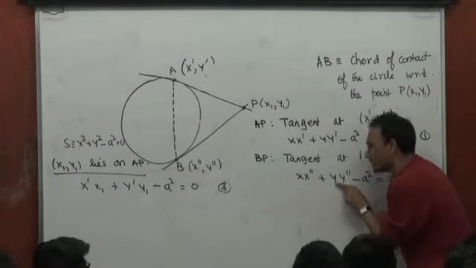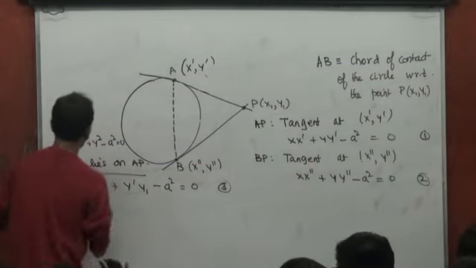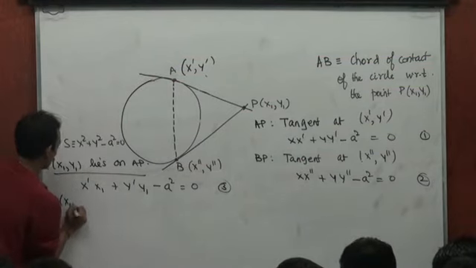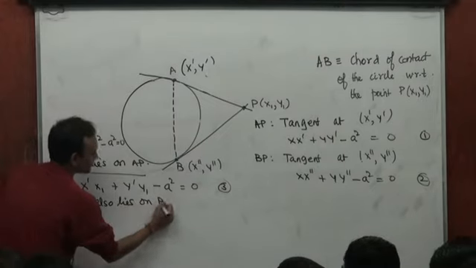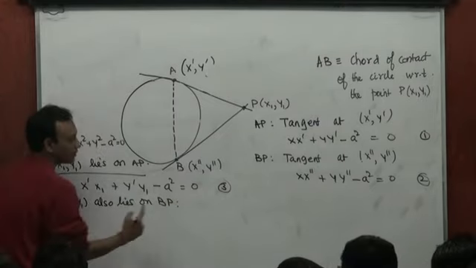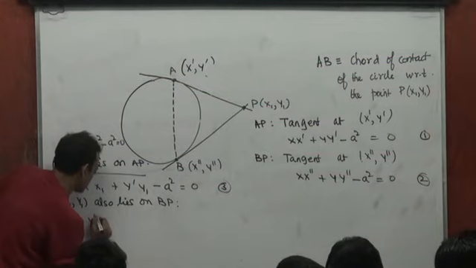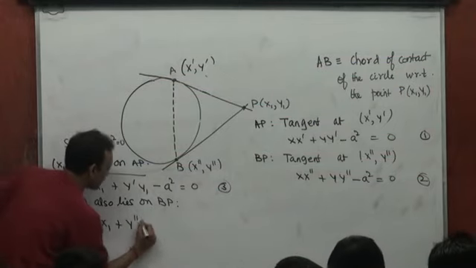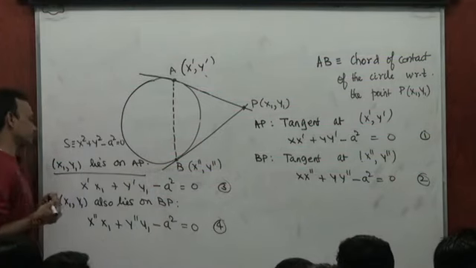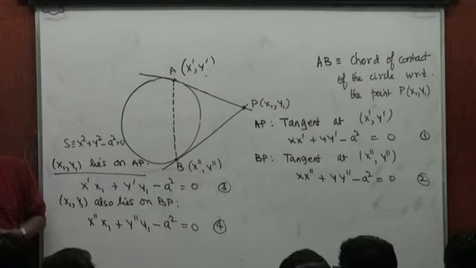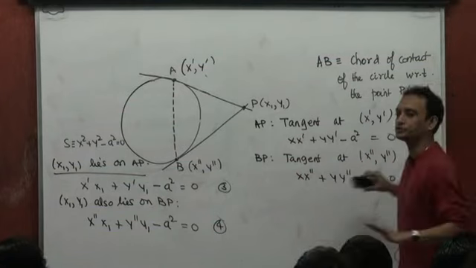I can replace x by x1 and y by y1, giving me x double prime x1 plus y double prime y1 minus a squared equal to 0. Yes or no? All right. So far so good, right?